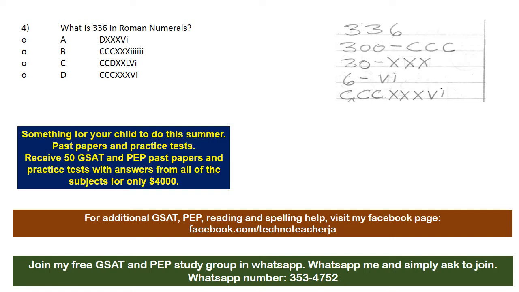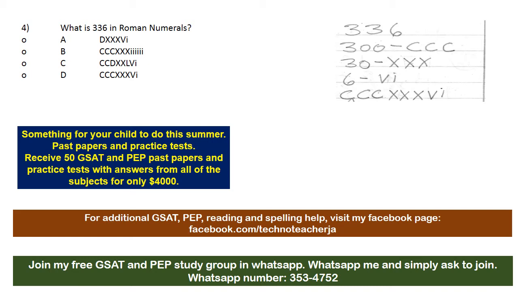Next, L is 50 and LL would be 50 plus 50, 100. We already have a letter for 100. What is the letter for 100? C. Yes, see, we already have C. So no need to write LL. Also, D is 500. 500 plus 500 is 1000.